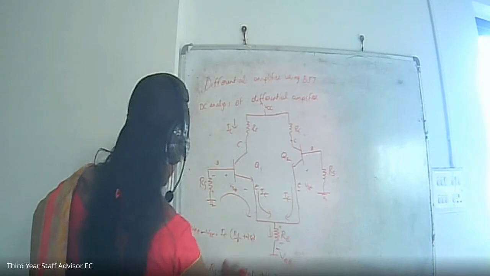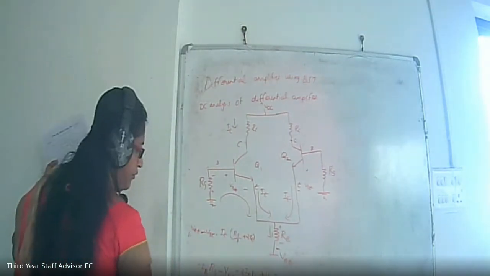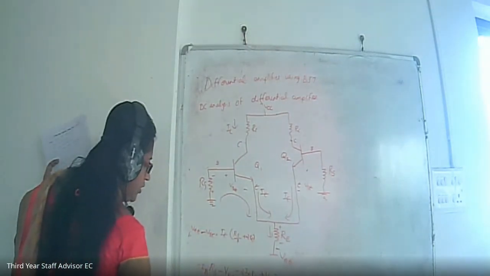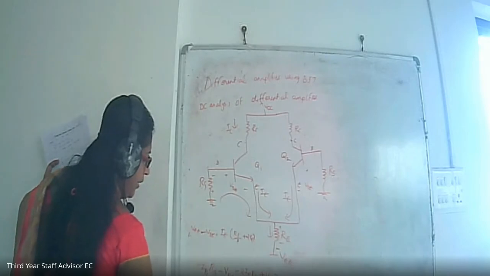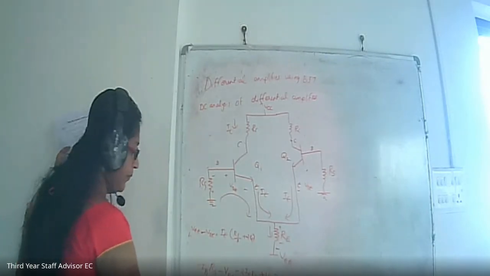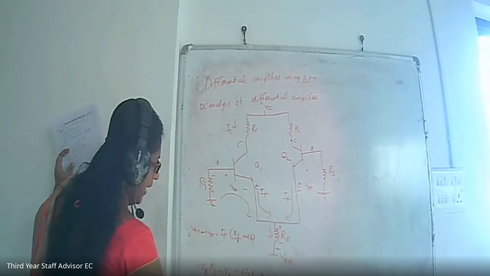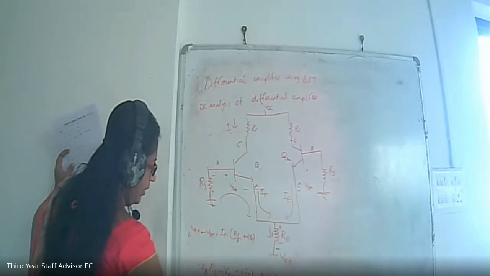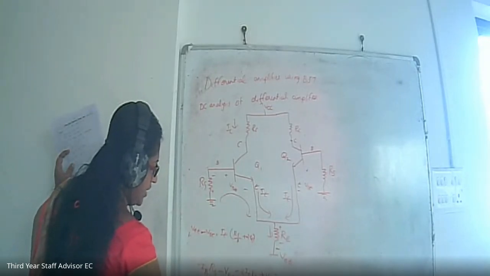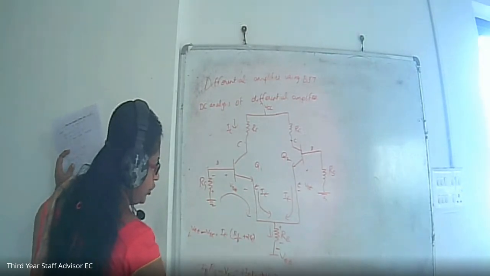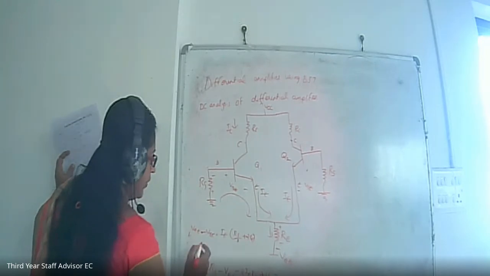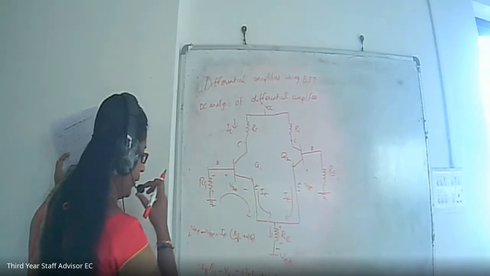Here VBE can be taken to the left side, so VEE minus VBE on the left. IE can be taken common from the first and third terms, so IE into RS by beta plus 2 into RE. So that is the equation.